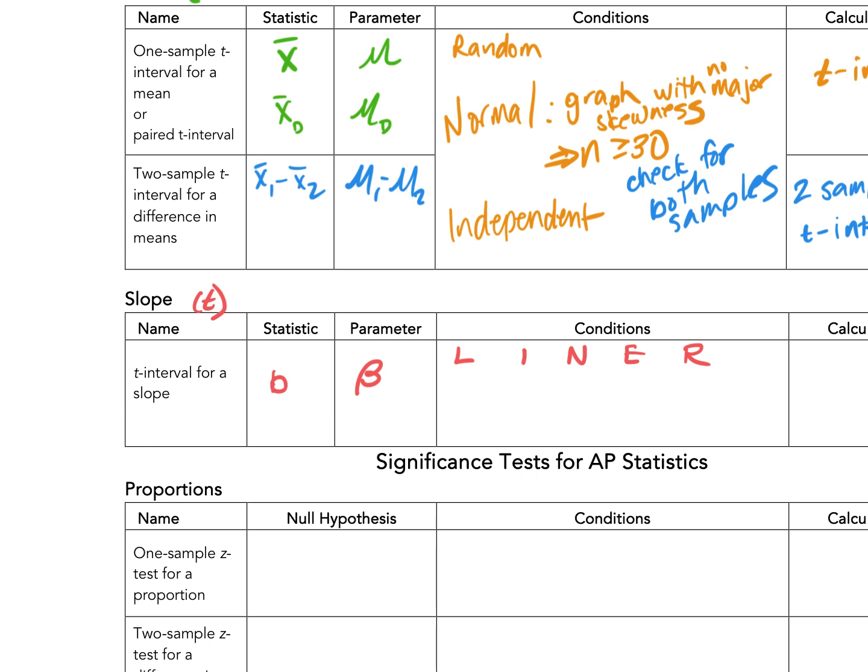Of all of the conditions, this is the one I am concerned about the least. Is there lower likelihood they'll ask us about it? 100% lower likelihood. In fact, I don't know that I've ever seen this in a free response question.